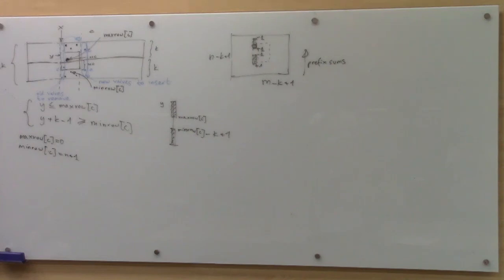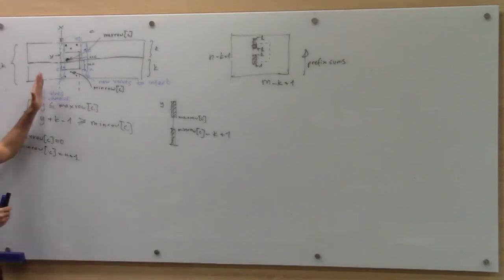So for every value of C, we will have a min queue which will store the values of C in the lower strip, and a max queue for values in the upper strip. Every time we add or remove elements, we can update max row and min row in constant time. So this is one part.